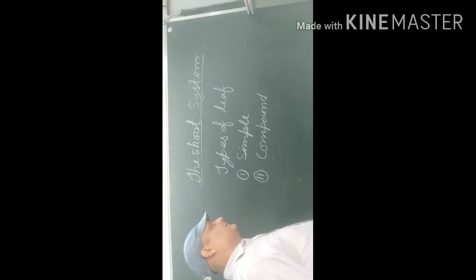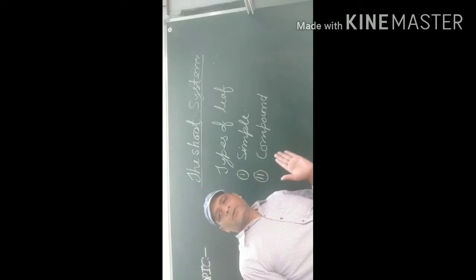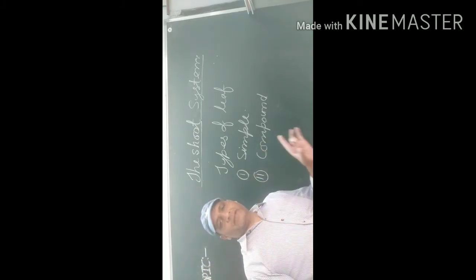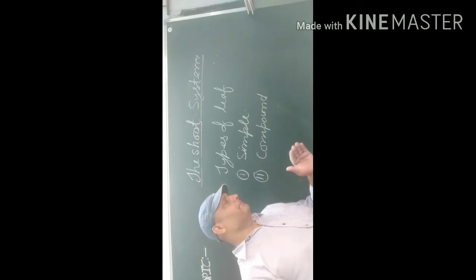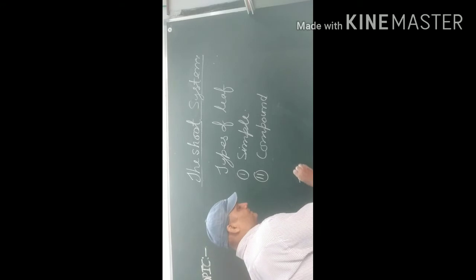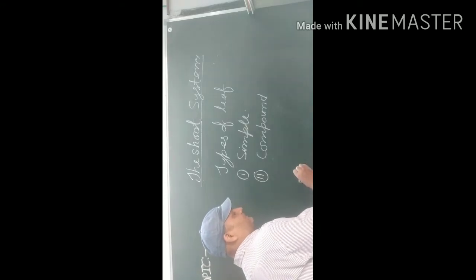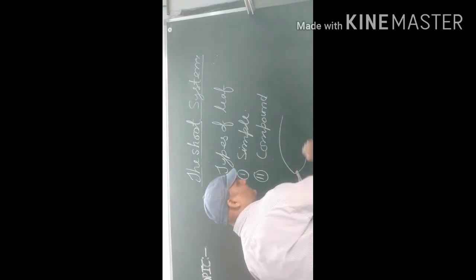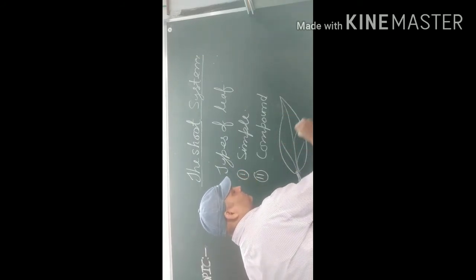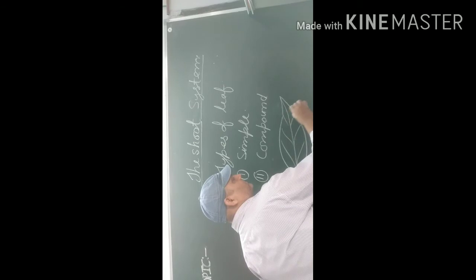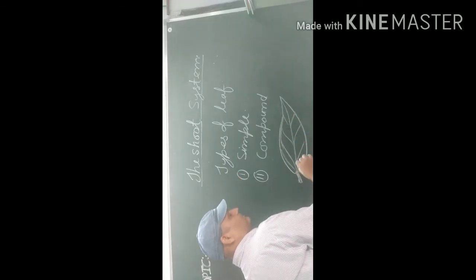Simple leaves are leaves whose lamina is complete and is not incised up to the midrib. That is the structure of a leaf.